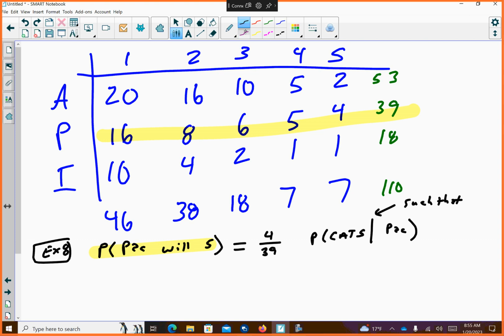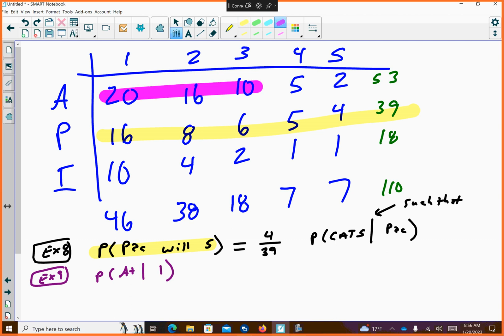Example 9 says I want the probability that I'm Atlantic, such that category 1. So notice they're going Atlantic Ocean here.